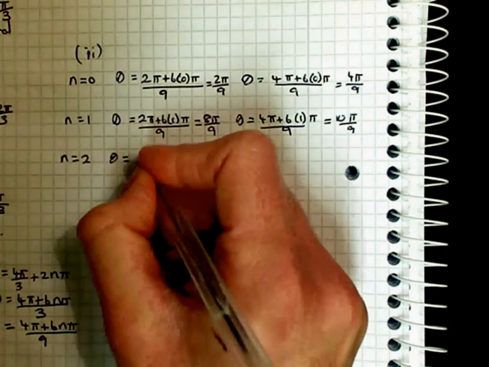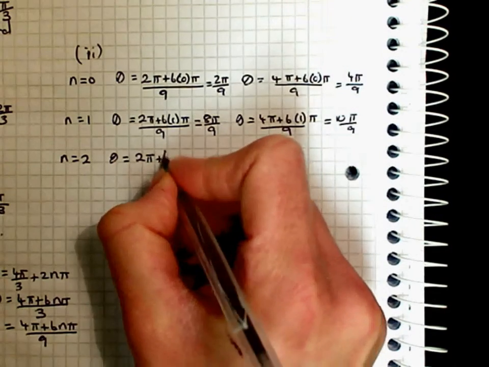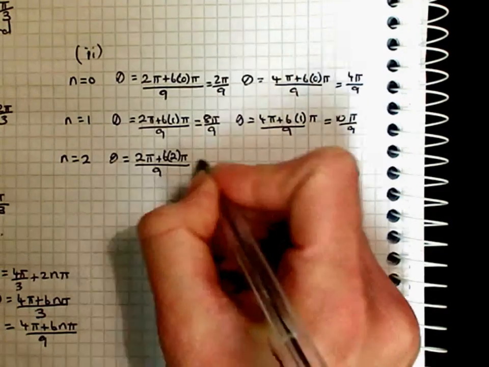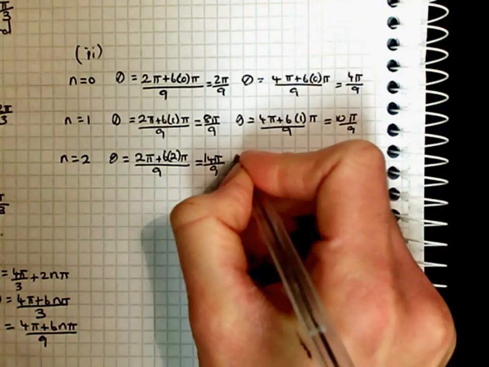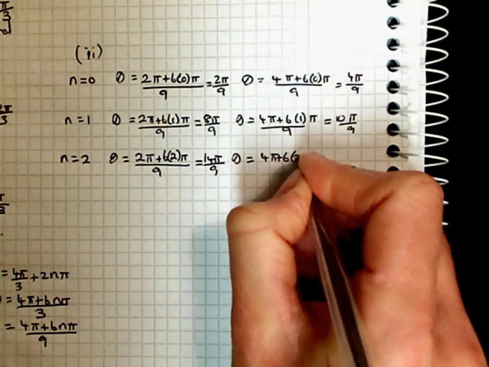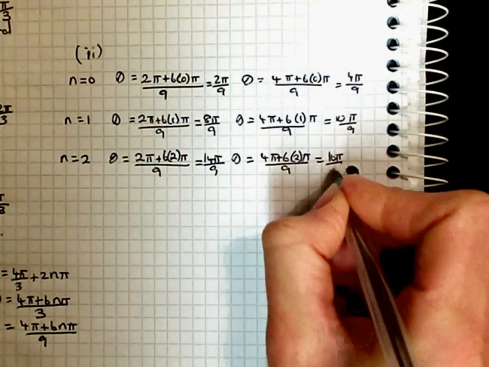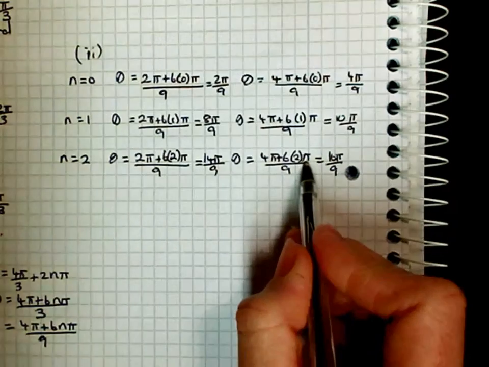So theta is equal to 2 pi plus 6 times 2 times pi divided by 9, which gives us 14 pi over 9, and theta is equal to 4 pi plus 6 times 2 pi all over 9, which is 16 pi over 9. And they both fall within our range.